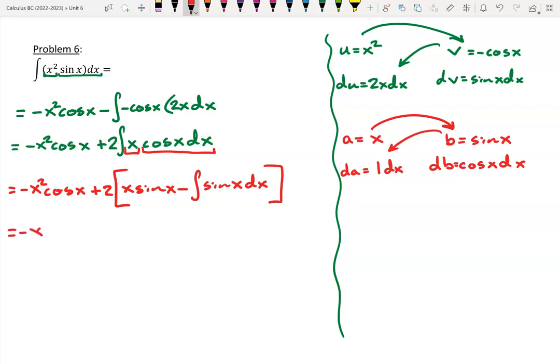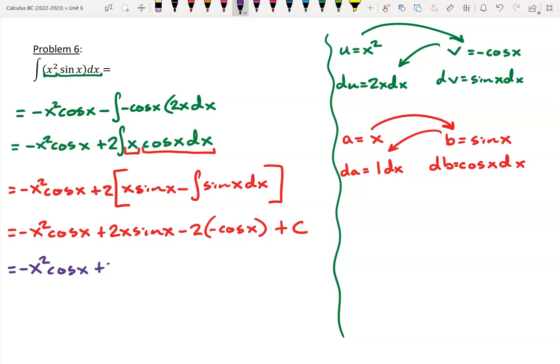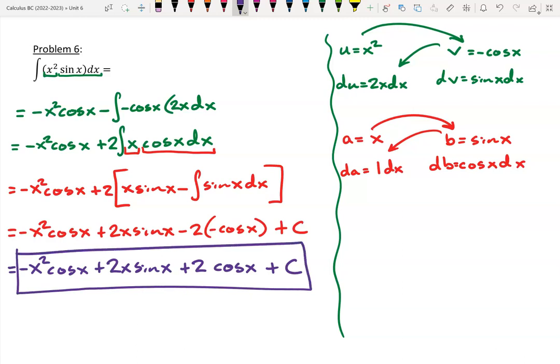And so I have negative x squared cosine of x plus 2, I'm going to go ahead and write this as 2x sine of x minus 2 integral. Actually, I can go ahead and take the integral. Integral of sine of x should be negative cosine of x. And I just need to remember my plus c at the end. So final answer would be negative x squared cosine of x plus 2x sine of x plus 2 cosine of x plus c to get to our final result at the end.